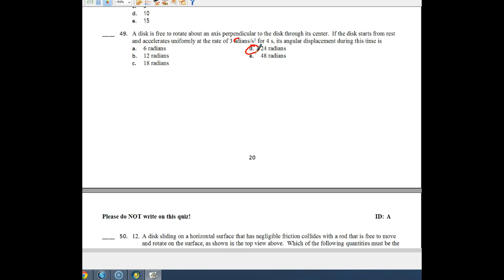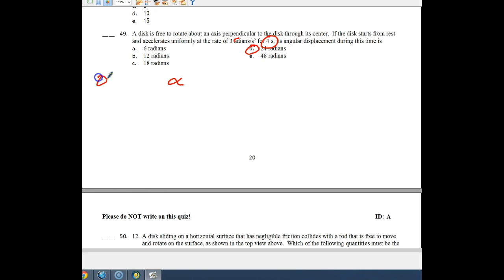That one is pretty easy to solve for. Basically, here's our rate, so that's our angular acceleration. So that's alpha, and it does it for 4 seconds. It starts from rest, so let's go ahead and do our equation.